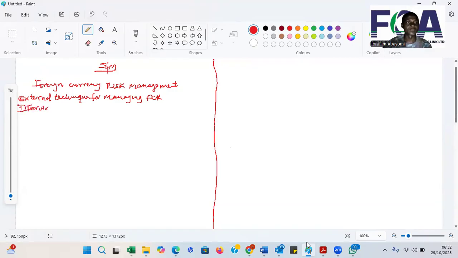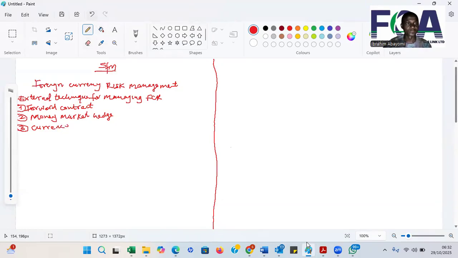Two, money market hedge. Three, currency futures contract.